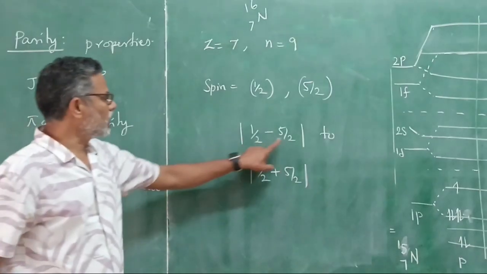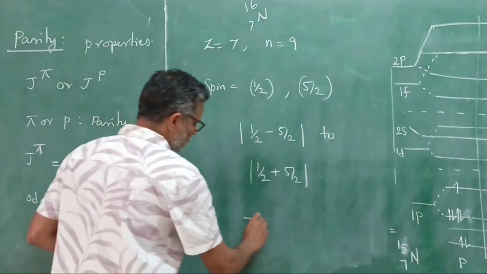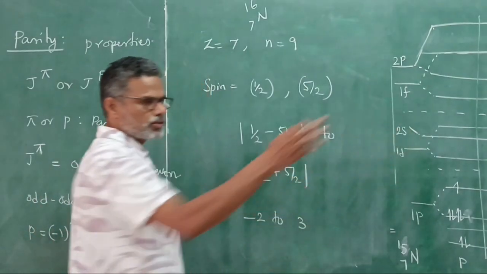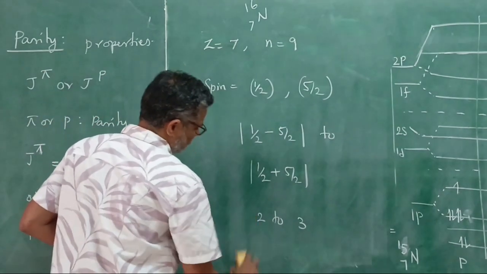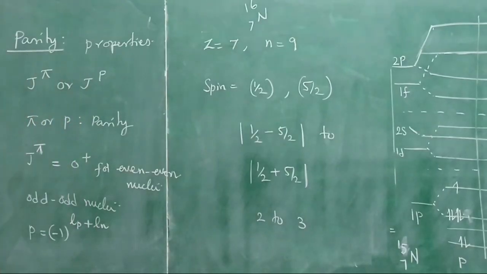What is the difference? Minus 2, so from minus 2 to 3, all values are available. J mod is 2 to 3, either 2 or 3.